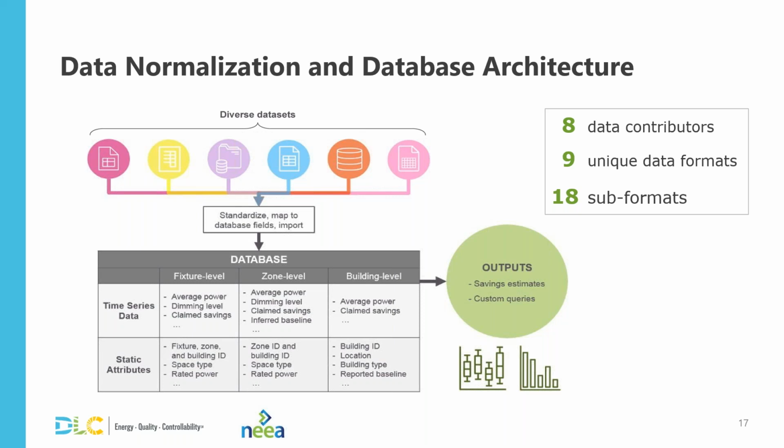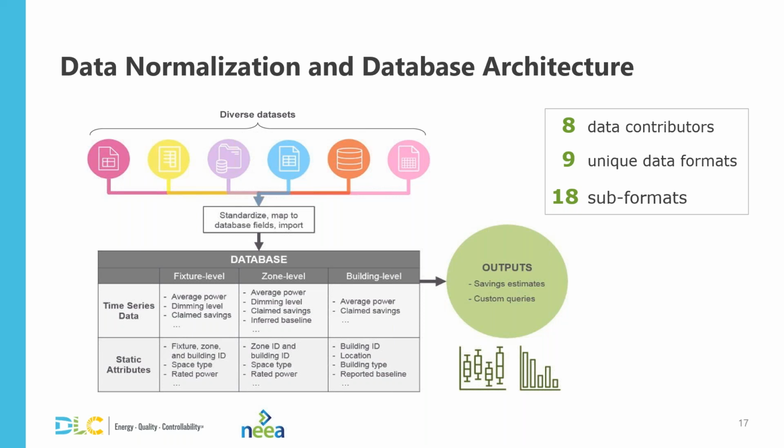After processing the data, each data set has two components, time series data and static attributes. The time series data is the NLC energy data. The energy could be reported per fixture, per zone, or even per building, depending on the raw data provided to us.